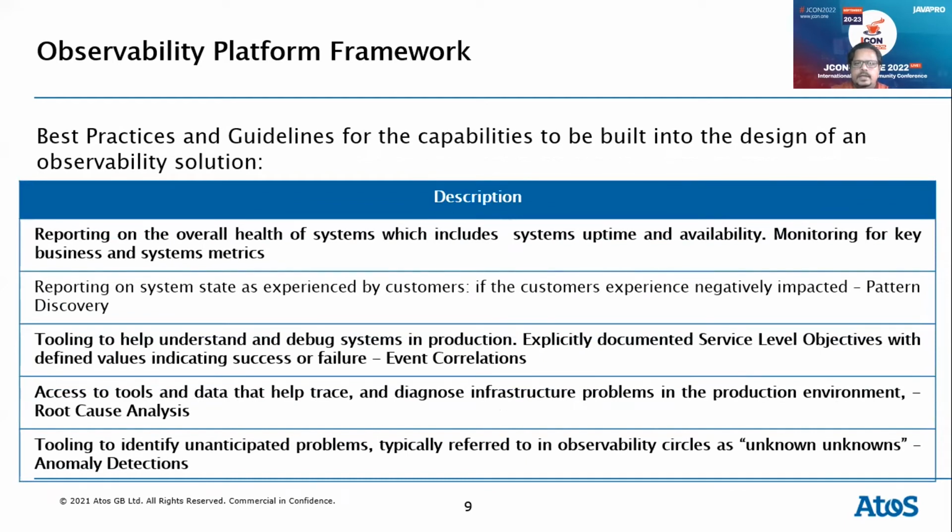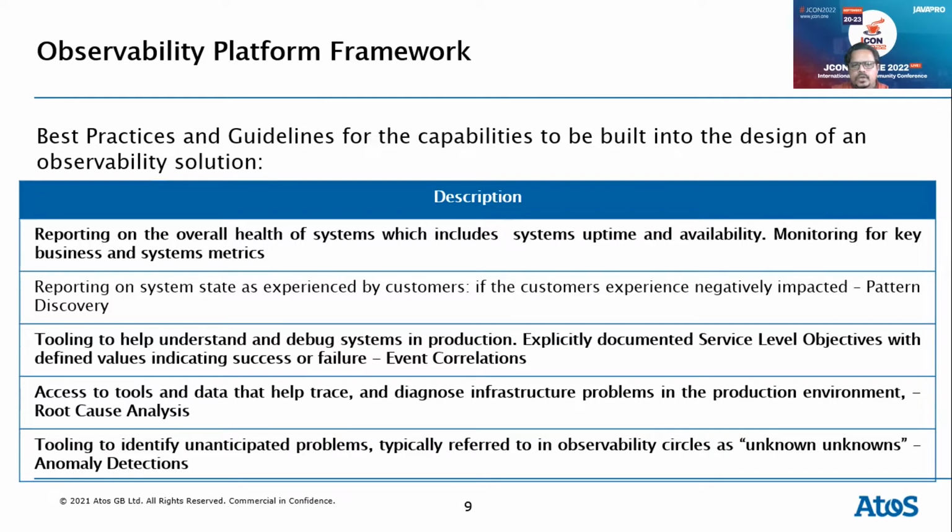What exactly are the best practices and guidelines for the capabilities to build this kind of a solution? As we saw in the earlier slide, the framework is also a part of the overall journey, the overall story of the observability solution. What it does is it reports on the overall health of the system, which includes uptime and availability.